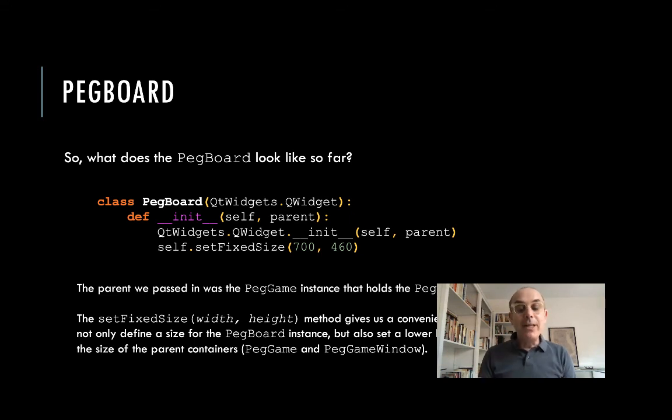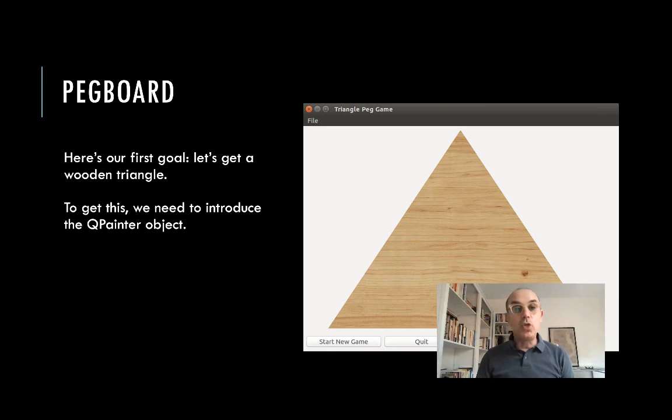The parent we passed is that the peg game instance will hold the peg board. So the setFixedSize method gives us a convenient way not only to define the size of the board instance, but also to set up a layer that gives us a permanent container that we can apply to.